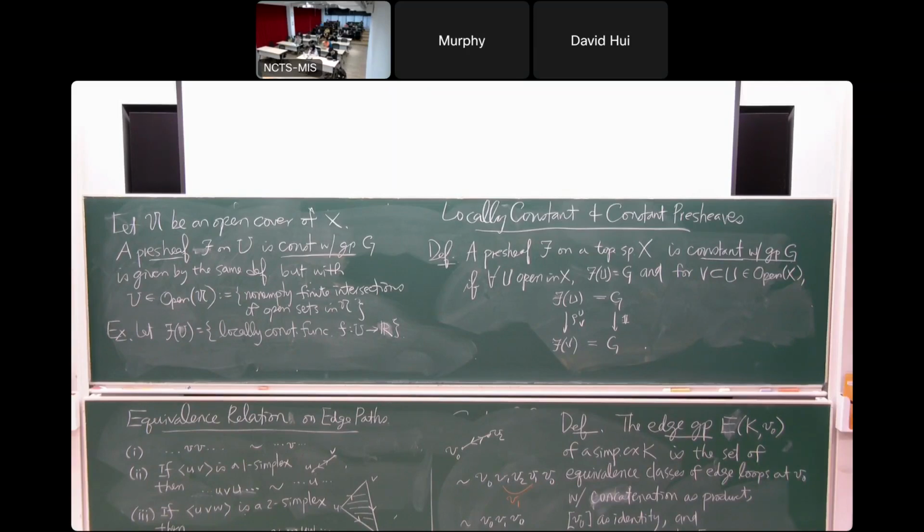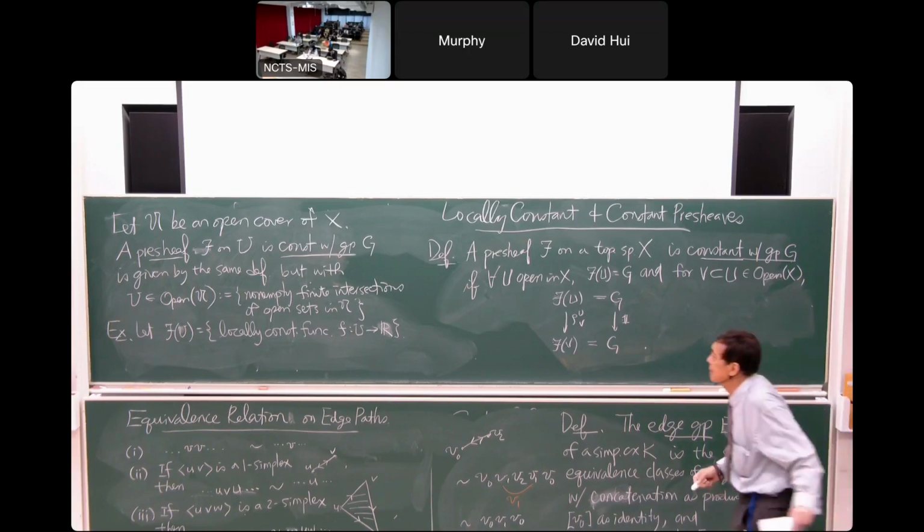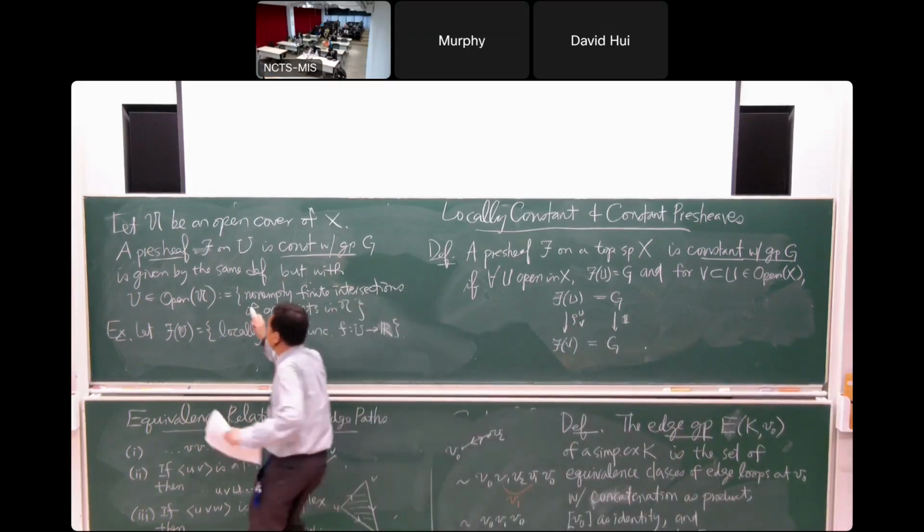Yeah, that's right. If U has two connected components, then the set of locally constant functions would be R plus R, right? Because you can have a different constant on each component.